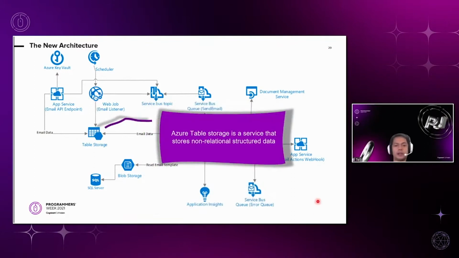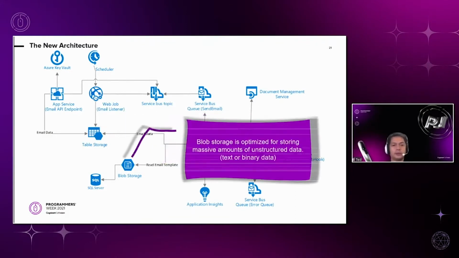Azure Table Storage is a service that stores non-relational structured data, also known as structured NoSQL data, in the cloud. It provides a key attribute store with a schemaless design. And then Blob Storage.